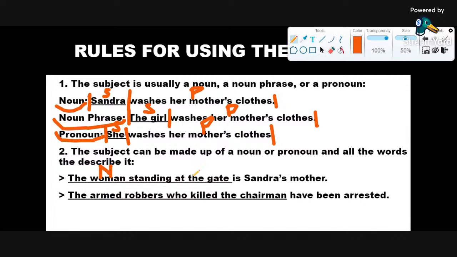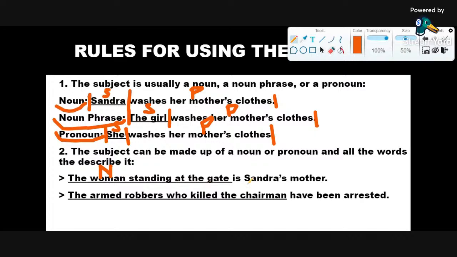And the rule is saying that when we use a noun, we have to include all the words that describe the noun as part of the subject. That is the rule here. The subject can be made up of a noun or pronoun and all the words that describe it. In this particular subject, the noun is the woman, and all other words merely describe the woman, who the woman is or what type of person she is.